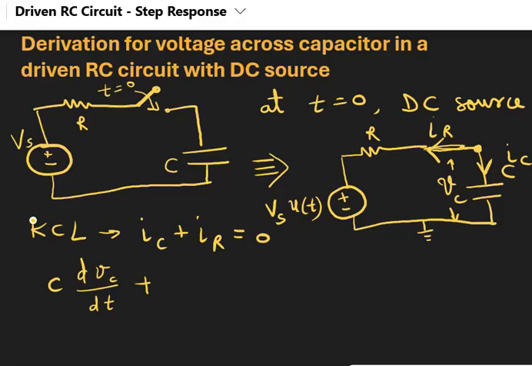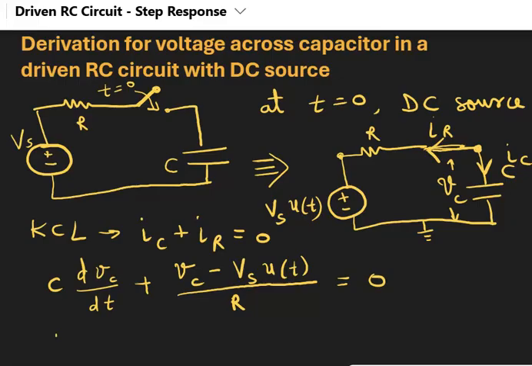While applying the KCL, this current will be the voltage drop across the resistance divided by R. So the voltage drop across the resistance will be Vc minus Vs u of t, divided by R, equals to 0.